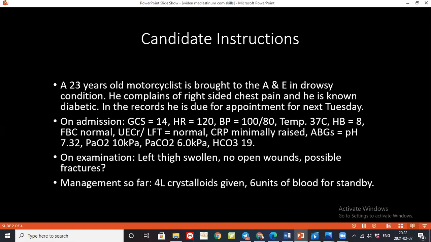Okay. 23 years old male, post RTA, admitted to the hospital, complaint of right side chest pain. On examination Glasgow Coma Scale 14, heart rate 120, blood pressure 100 on 80, with normal temperature, and hemoglobin dropped. Other investigations, urine, electrolytes and liver function normal, and the ABG shows metabolic acidosis.